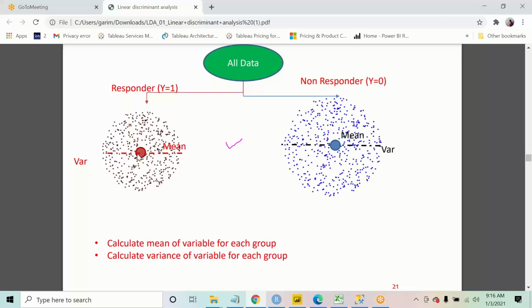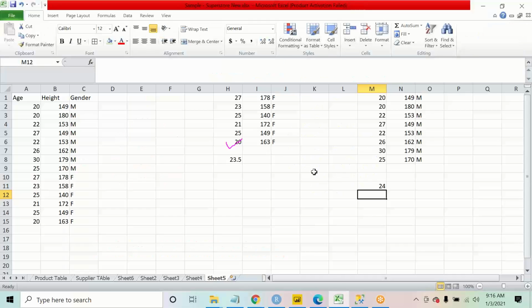Now let me ask you, because you will all be able to answer this by yourself. Over here, I have calculated the two averages. The average age of men is 23.5 and the average age of women is 24.